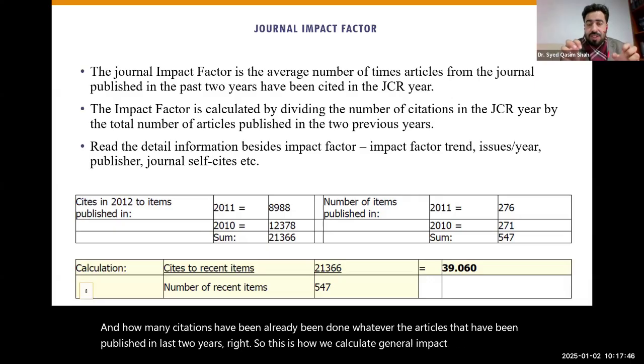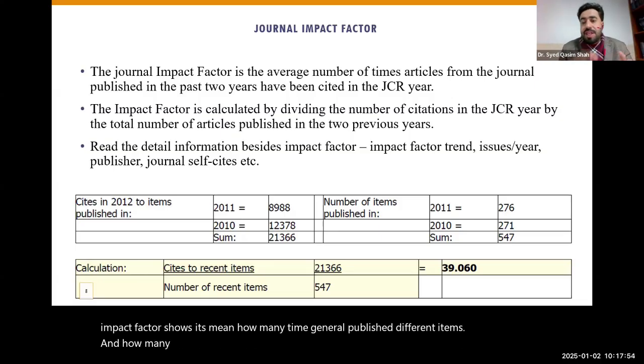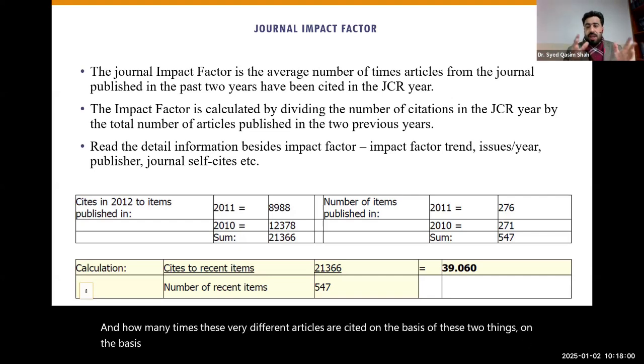The journal impact factor shows how many items the journal published and how many times these articles are cited. On the basis of publication and citation, an impact factor is calculated, right?